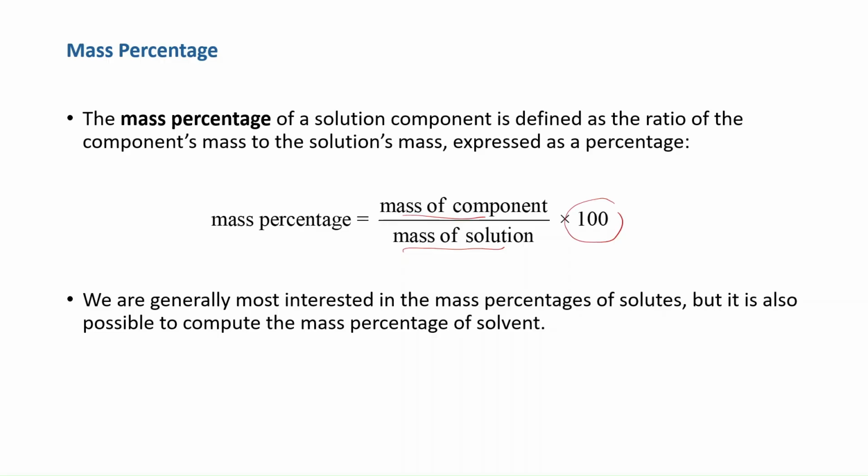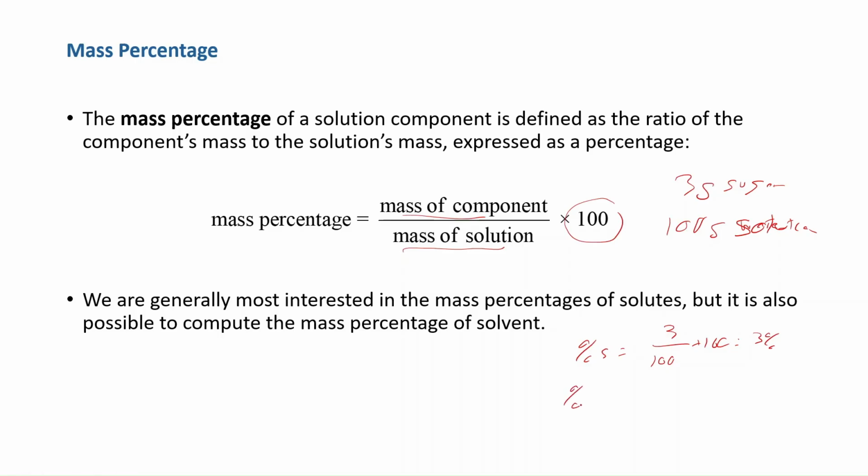But still, even if you do that, let's say that I said you have 3 grams of sugar in 100 grams of solution, sorry. If I want to know the percent of sugar, it's going to be 3 divided by 100 times 100, so it's 3%.